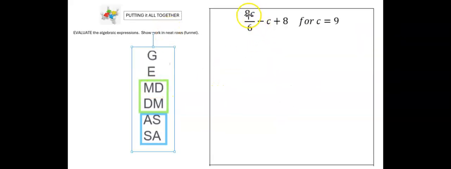All right, so we have this algebraic expression. It's got 3 terms to it, and it's 8 times c divided by 6 minus c plus 8 for c equals 9. So you're going to pause the video. In your first row, you're going to simply substitute 9 in for that variable c, and you're not going to compute anything, just substitute.